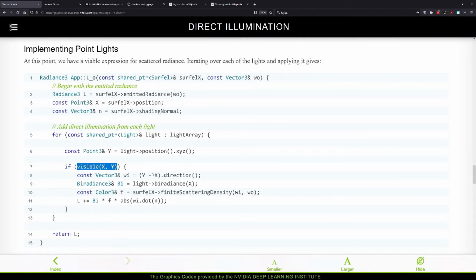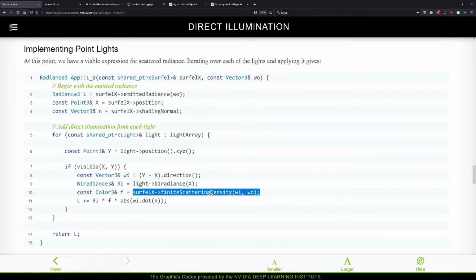If it is unobstructed, we get the vector towards y from x, that direction. We calculate the biradiance at point x from the light. This light has all the information inside of it to calculate the biradiance given point x.